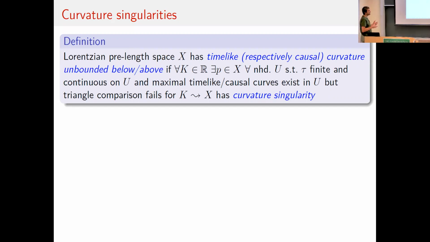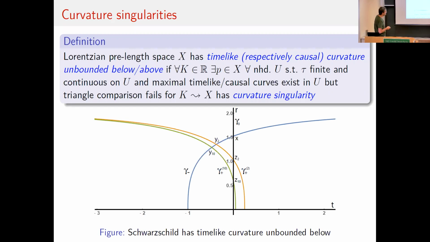So tau is finite and continuous, you have maximal geodesics. But this triangle comparison fails for this k. So for every k, you have a point in the neighborhood where you can do the comparison, but the comparison fails, then you say it has a curvature singularity. And you can actually show that Schwarzschild, the interior singularity, is a curvature singularity. This does not have curvature bounded below, just by looking at the geodesics.